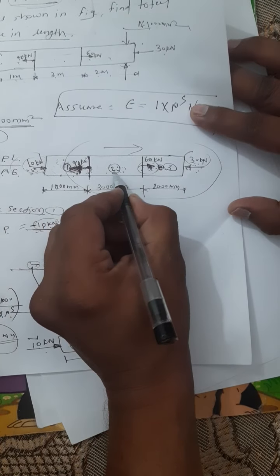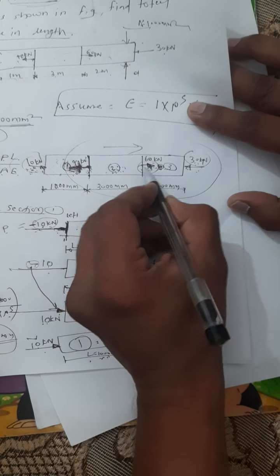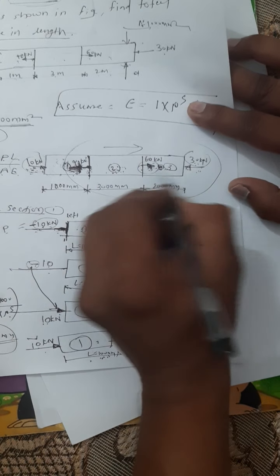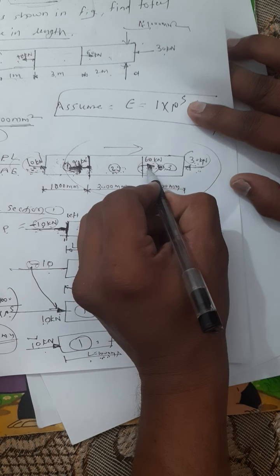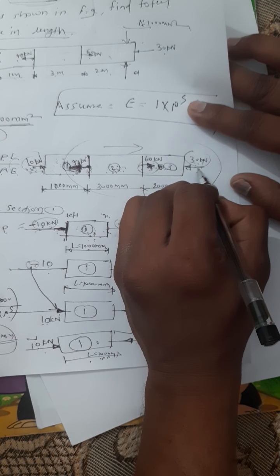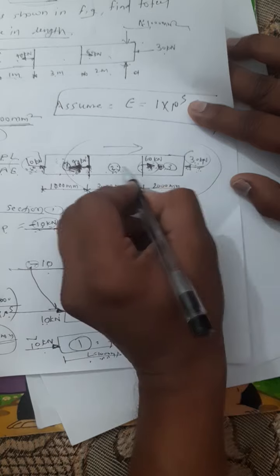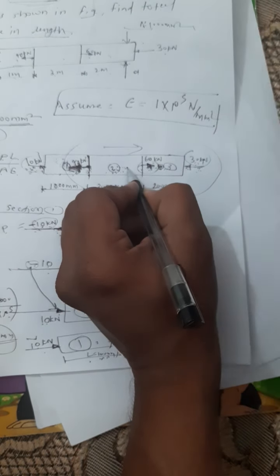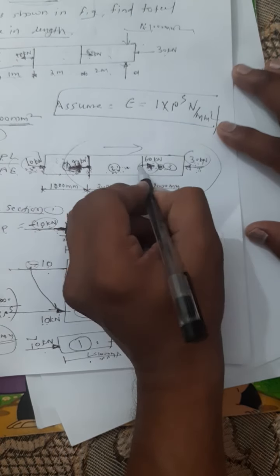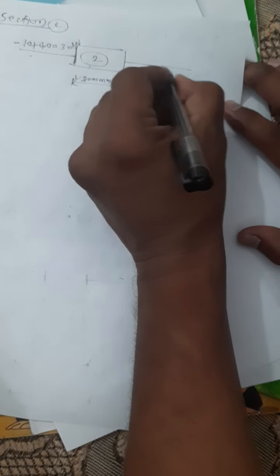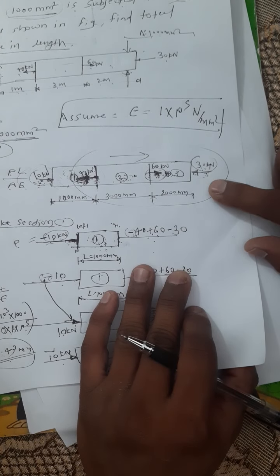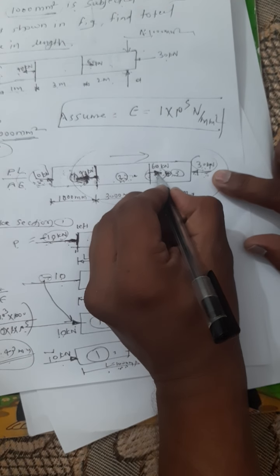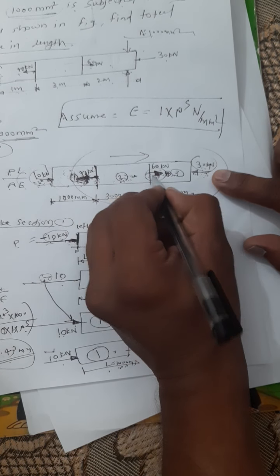Now in section number 2, at the right side we again have two forces. The first force from the right side, this 30 kilonewton force, is pushing section number 2 from the right side. Pushing means minus 30. The next force is 60, which pulls section number 2 from the right side.